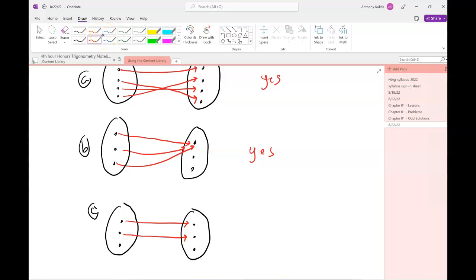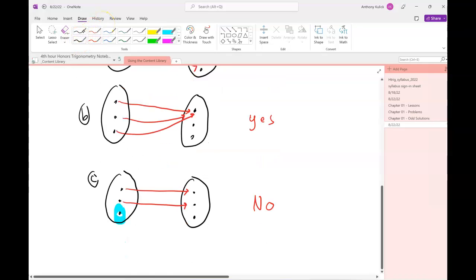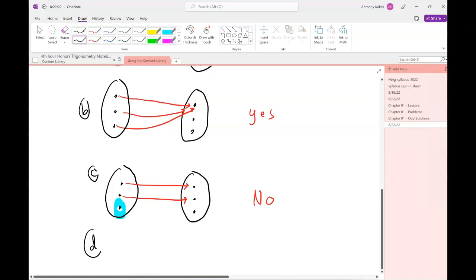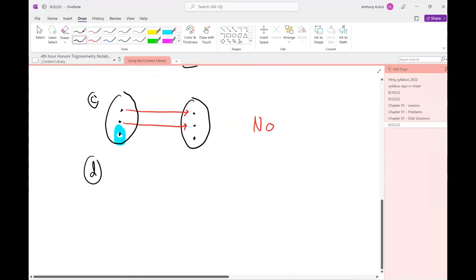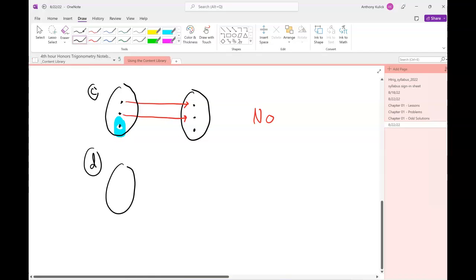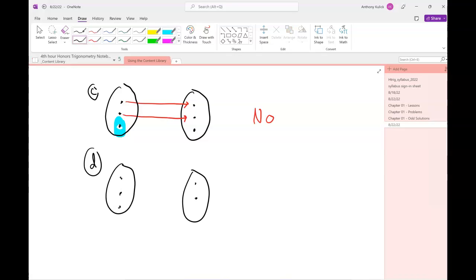How about this one? Is this a function? No, why not? Yeah, this x didn't get assigned a value. Is that a function?